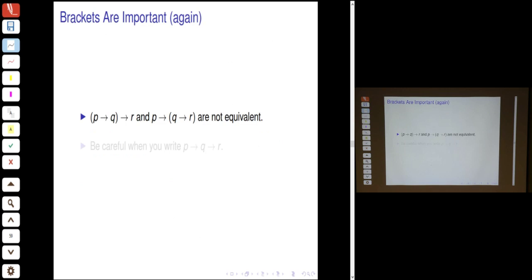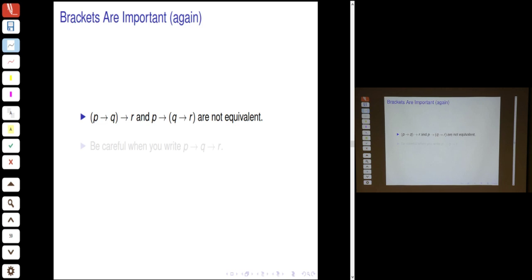Okay, so again, the brackets are important when we have these connectives. For example, even this P arrow Q arrow R is not unambiguous. You first bracket P arrow Q, then arrow R. It's different from first having Q arrow R, then adding a P. I suggest you draw truth tables of these.